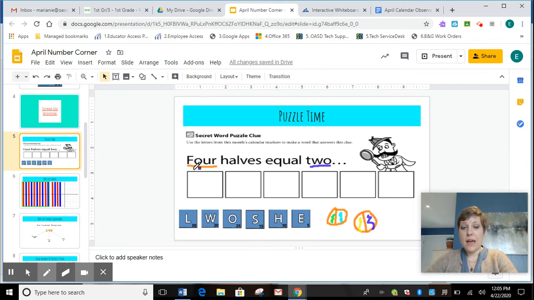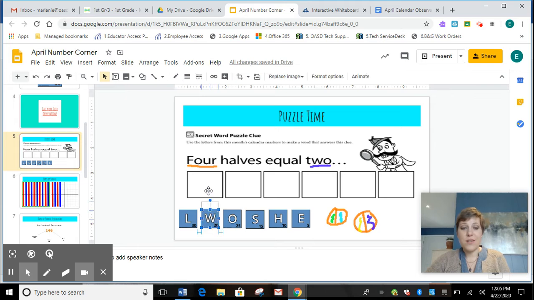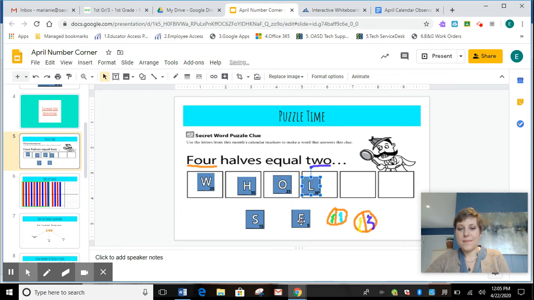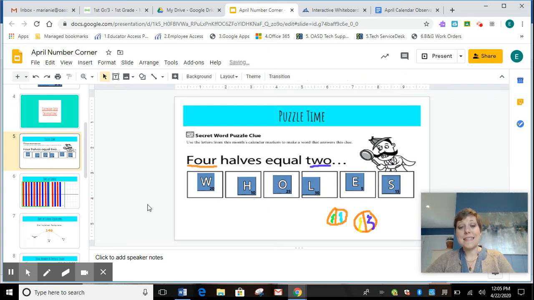So when I talk about having 4 halves, it's the same as having 2 wholes. I have 2 whole shapes colored in right there. No matter what shape it is, if I am dividing them into 4 halves, I'm going to have 2 whole shapes completed.